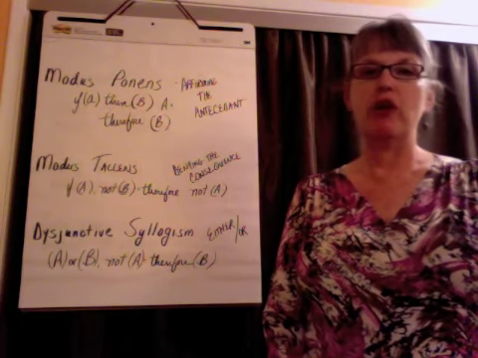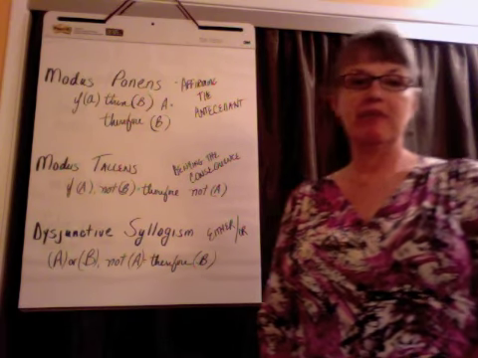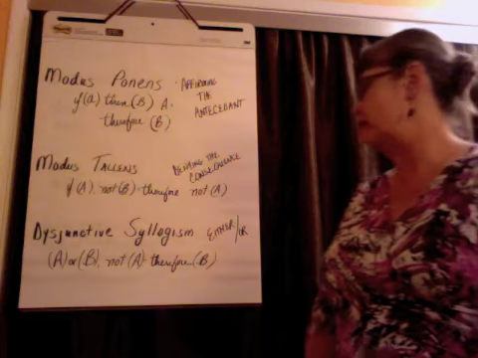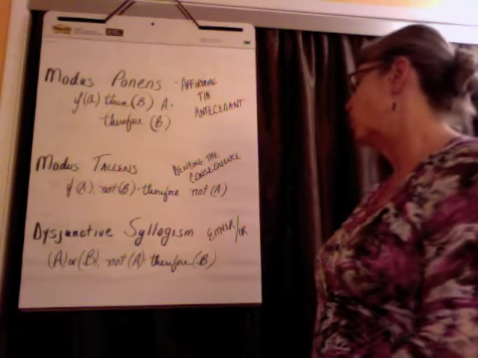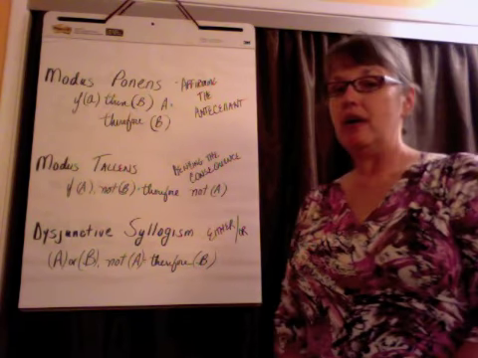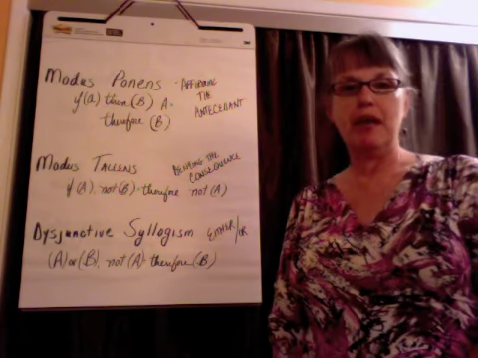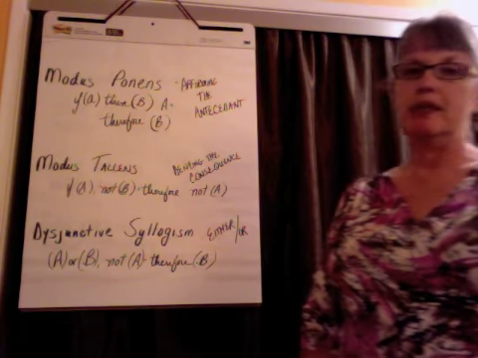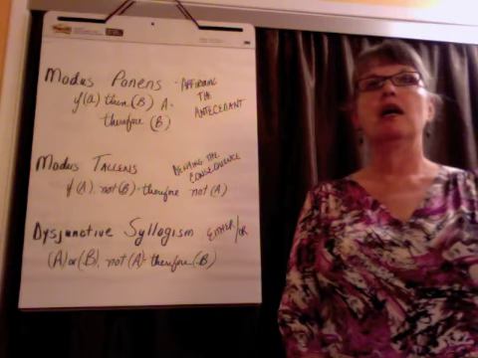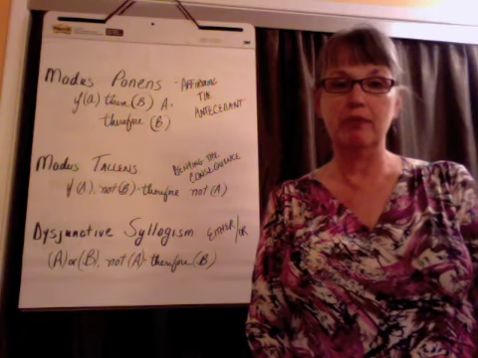Next we come to the fourth form of deductive argument. This is my personal favorite, disjunctive syllogism. I call this the either or. A or B, not A, therefore B. So a perfect example of this would be, for instance, I either left my laptop in the car or I left it at home.